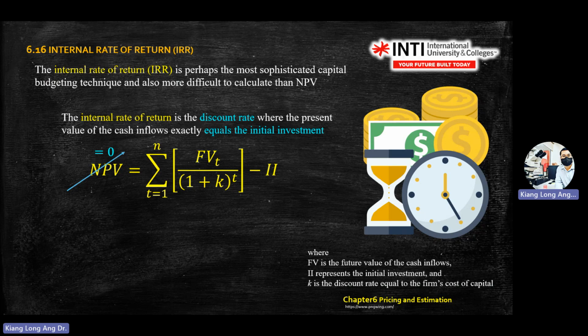Because if the left-hand side equals 0, you move either one to the left or right, they will be equal. So this component will equal this component. This one you move here, also positive. So this is the meaning.